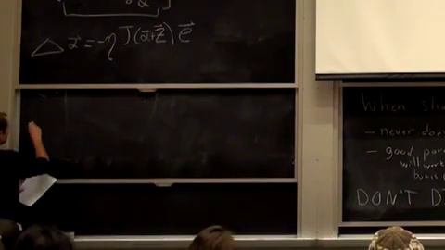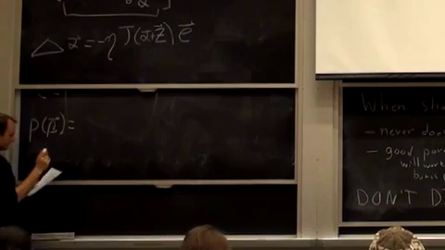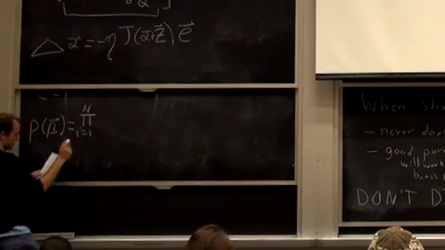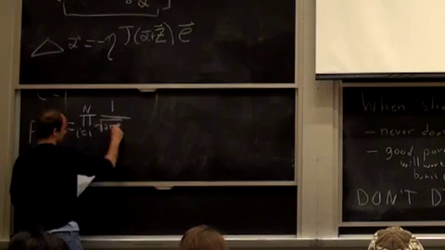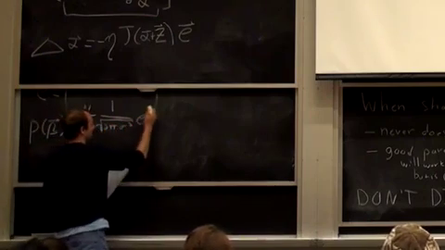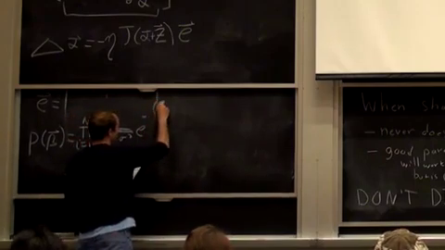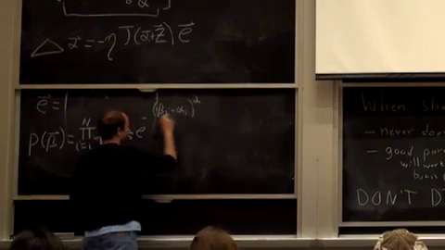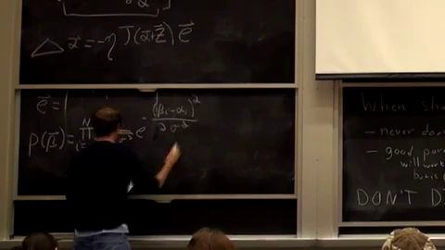So probability of β is equal to the product over all my different parameters of 1 over, well, you know, the Gaussian distribution. It's like this. Right.